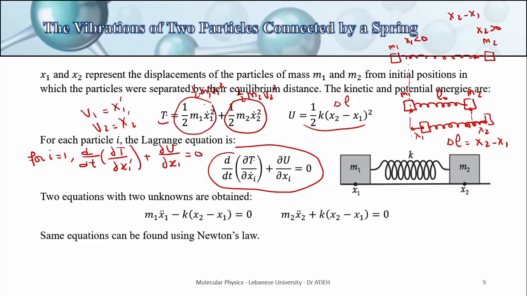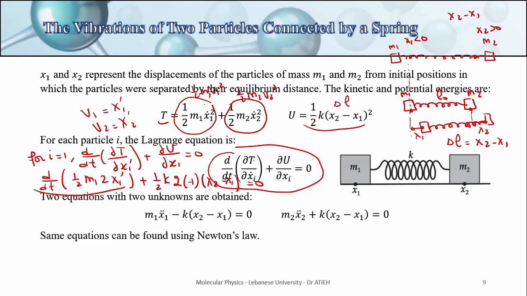So if we go to the kinetic energy and we take the derivative with respect to x1 prime, you can see that the second term, half m2 x2 prime squared, will be cancelled and we get d over dt of half m1 times 2 x1 prime, plus the derivative of U with respect to x1, which will be half k times 2 times (x2 minus x1) times minus 1, equals 0.